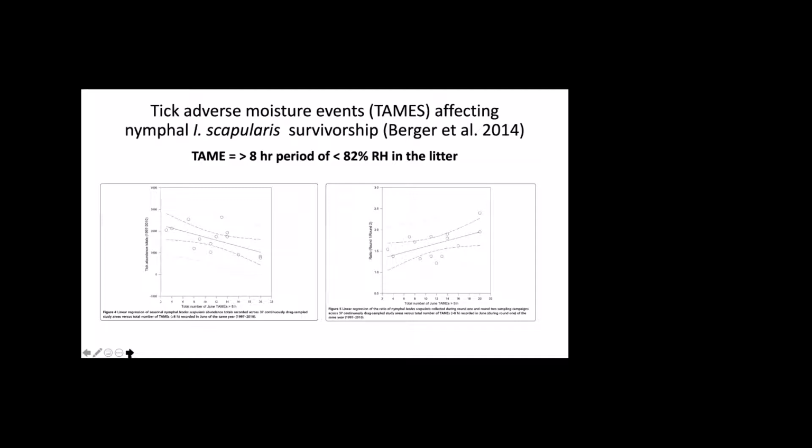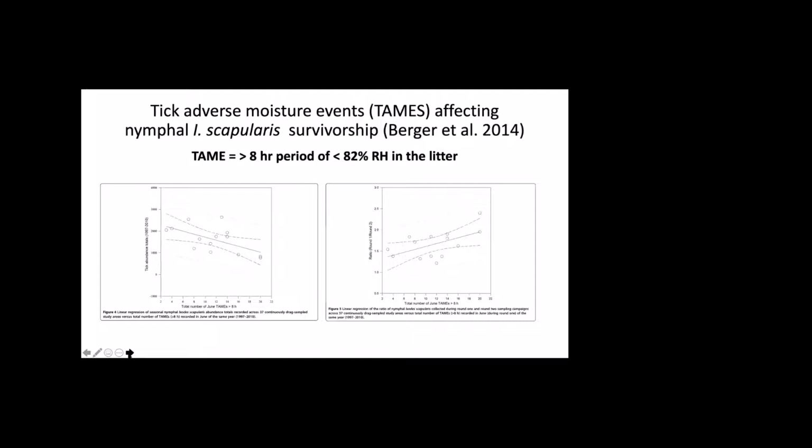And then to try to associate that really with mortality, because there could be other factors going on, she has the right graph, where they had visited each site twice. The first time was sometime earlier in the nymphal season, or peak nymphal season, and then another time when the nymphs should still be active, but later.